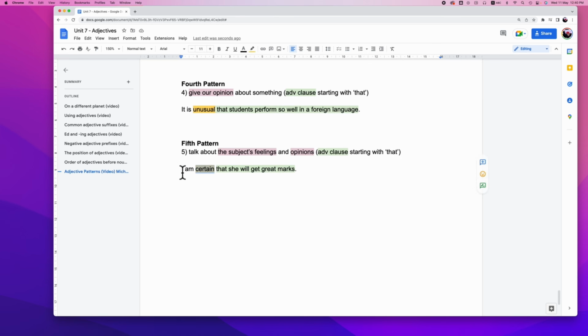Certain is telling you more about the subject I. To further elaborate or modify the adjective certain, we use another adverbial clause. That she will get good marks is a complete sentence functioning as the color green, telling you more about the color yellow.